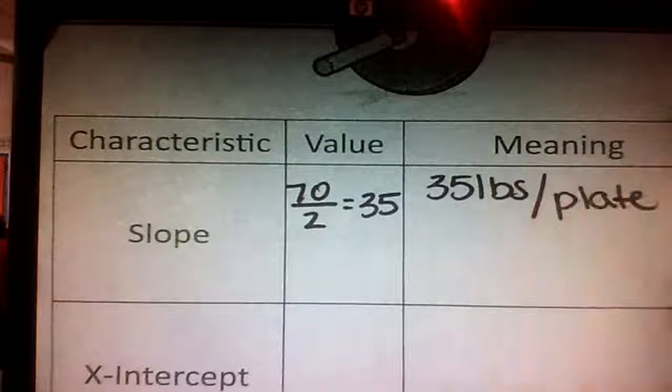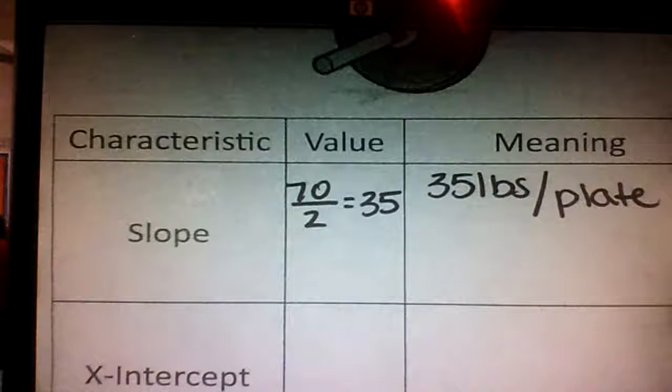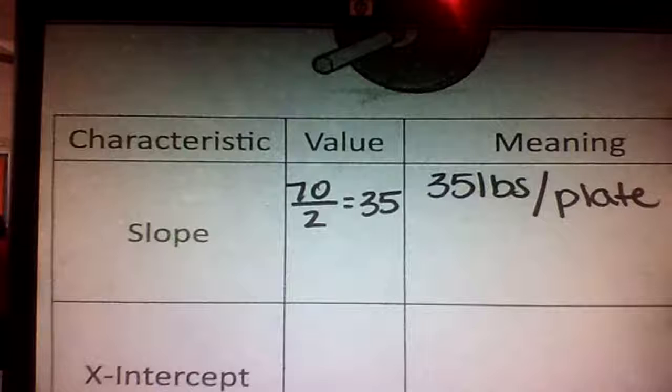What they're talking about here are those weights that they put on the end of a dumbbell to make it heavier. So every plate that they put on the dumbbell is 35 pounds. Apparently they don't know what a 5 pound and a 10 pound is because they do have those too. But in this instance, every plate that they're adding onto the dumbbell is 35 pounds.